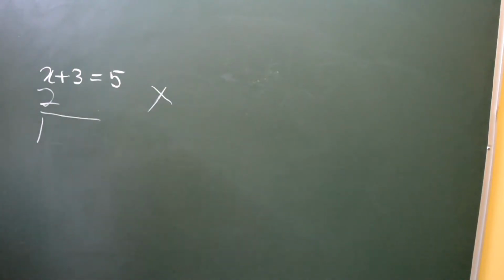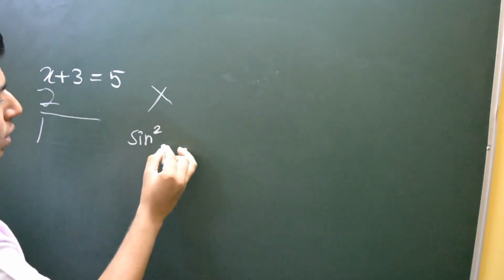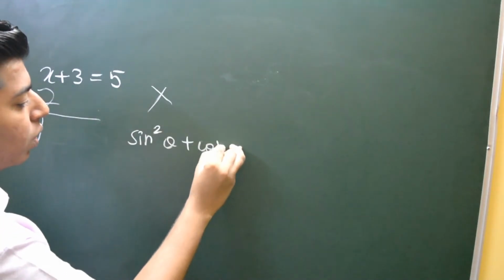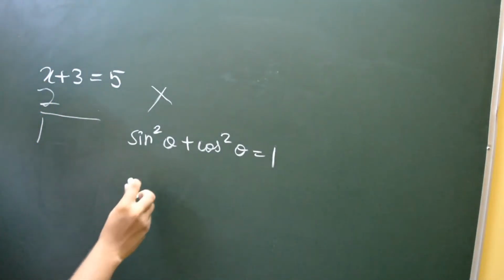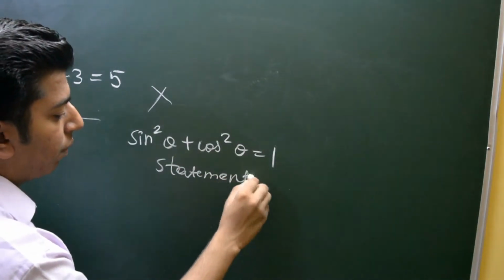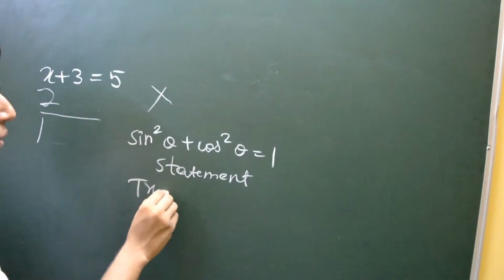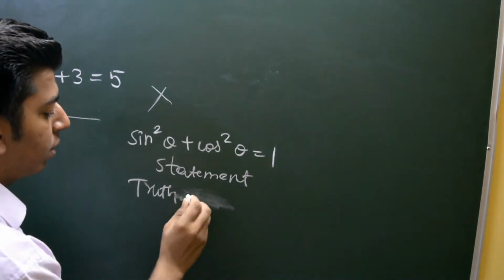Then there is one note: every standard formula or identity is always a true statement. For example, this is a standard formula: sin square theta plus cos square theta equal to 1. It is a statement which has a truth value. What is the truth value of this?